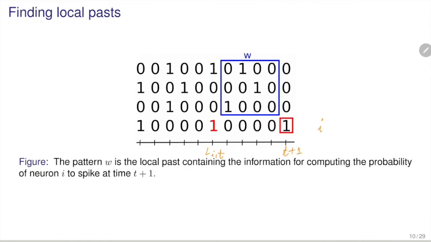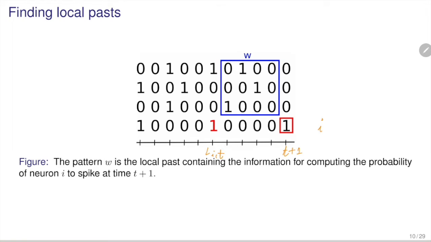Okay? So in this example, the local past used to compute the probability of neuron i to spike at time t+1 given this past is the configuration of zeros and ones inside this blue square that we call W. To conclude this example, let us compute the probability of neuron i to spike at time t+1 given this past.